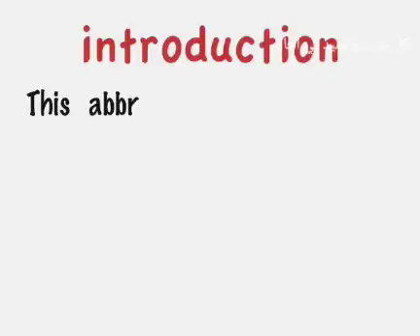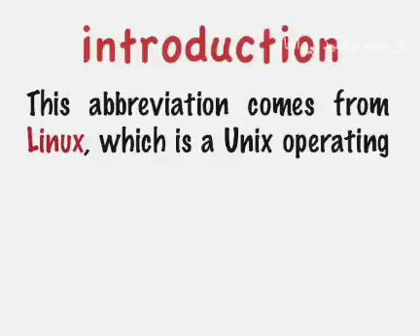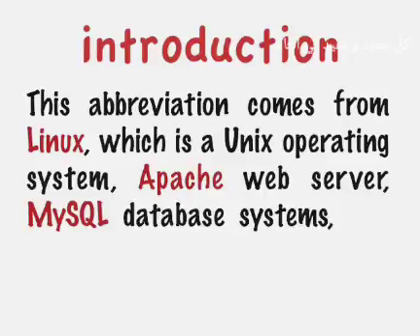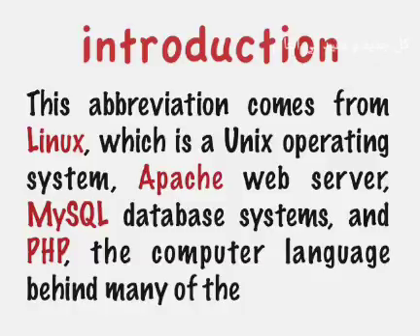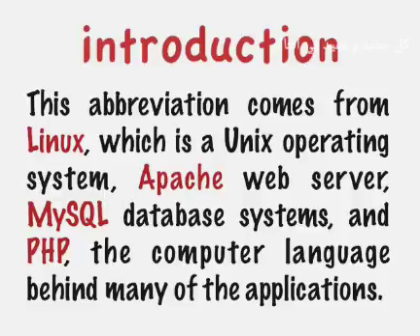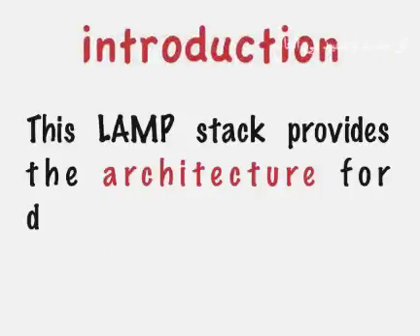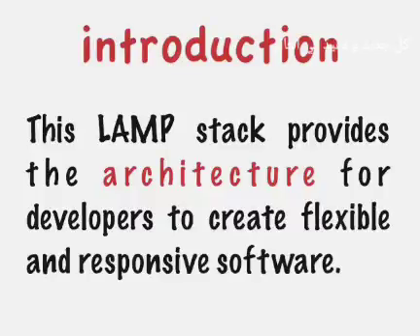This abbreviation comes from Linux, which is the Unix-like operating system, the Apache web server, MySQL database systems, and PHP, the computer language behind many of the applications. This LAMP stack provides the architecture for developers to create flexible and responsive software.